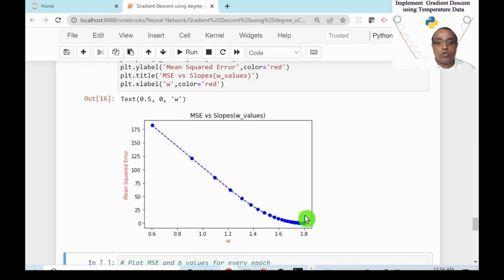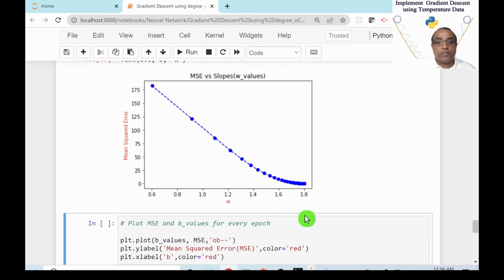This makes sense because when the mean square error is 0, ground truth values are very close to predicted values. In that case, we get the solution. The slope of the line should be 1.8.